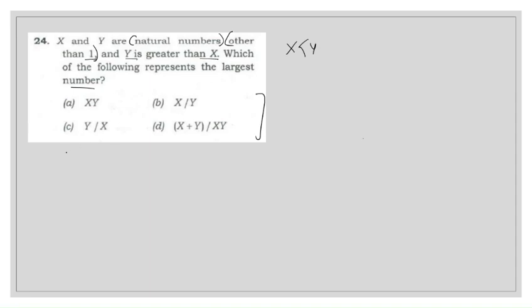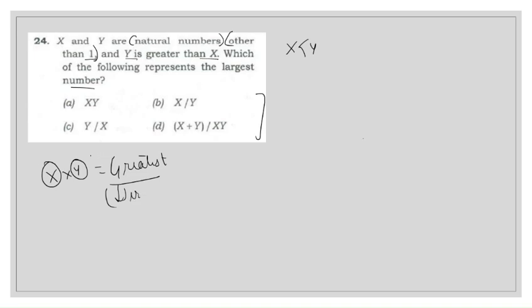If you multiply any two numbers, we know that the result will be the greatest. And if you apply any other operation such as addition, subtraction, or division, no matter which number we are dividing by another number, the results will always be smaller, right?